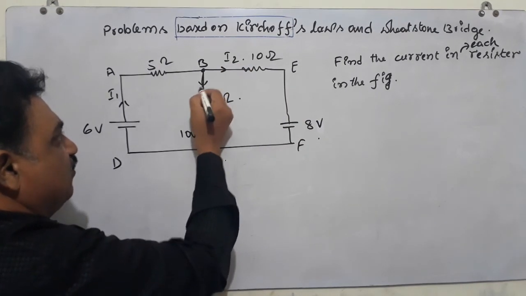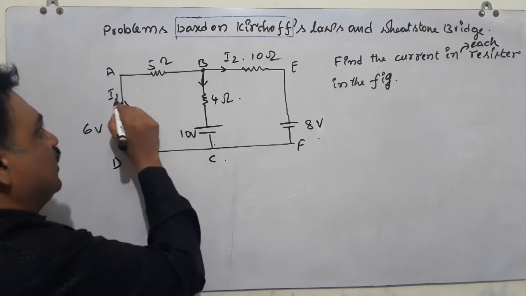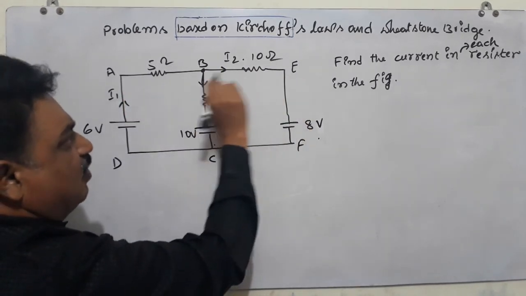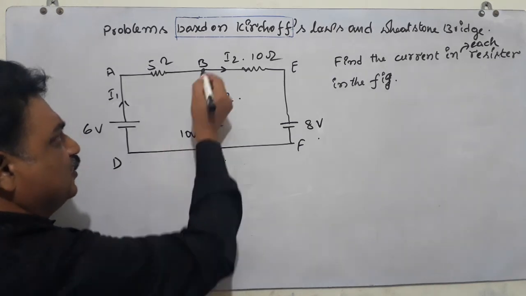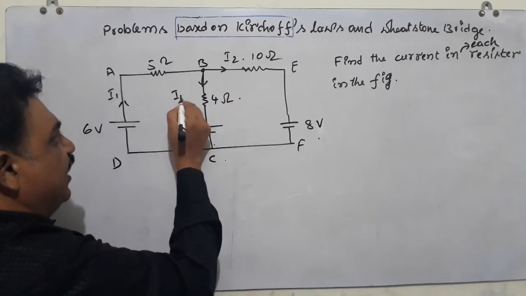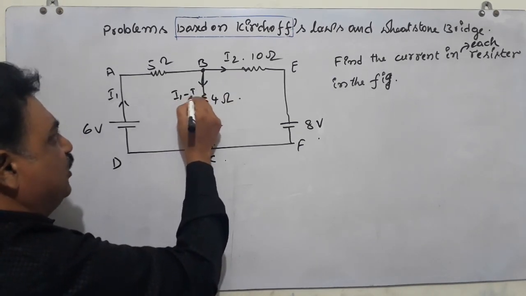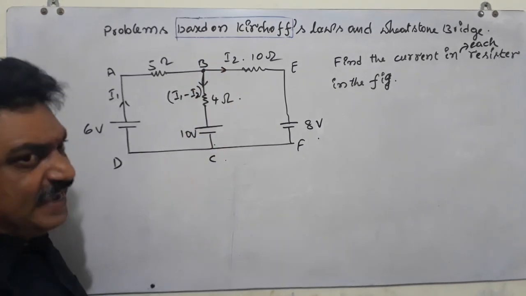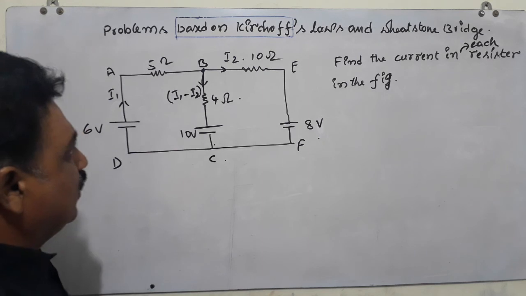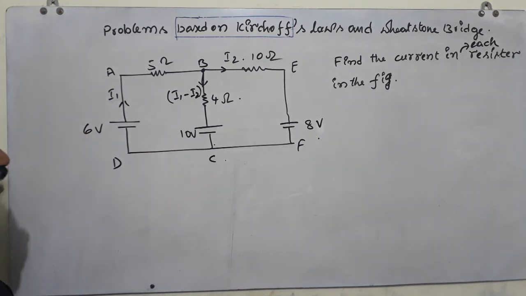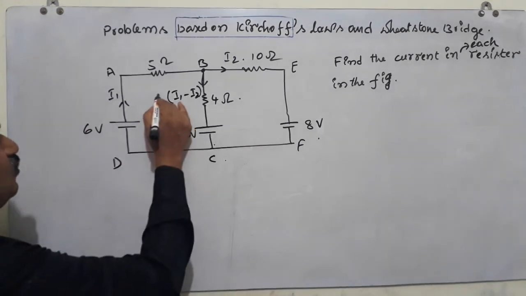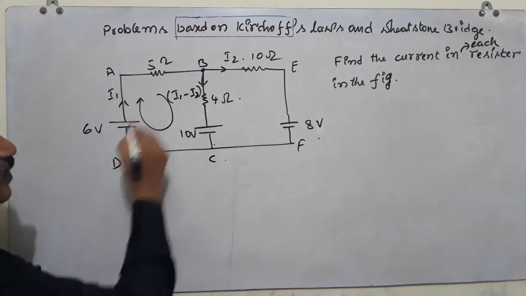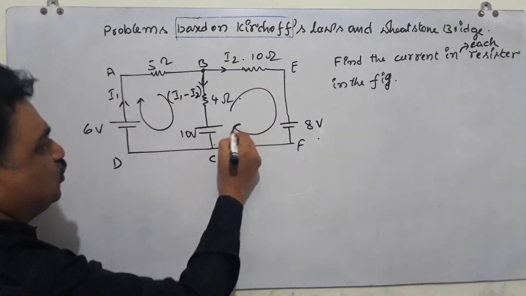Out of I1, I2 has gone from B to E, so the remaining current I1 minus I2 should be from B to C. I am imagining like this. And now here I am applying Kirchhoff's voltage law in both the loops.